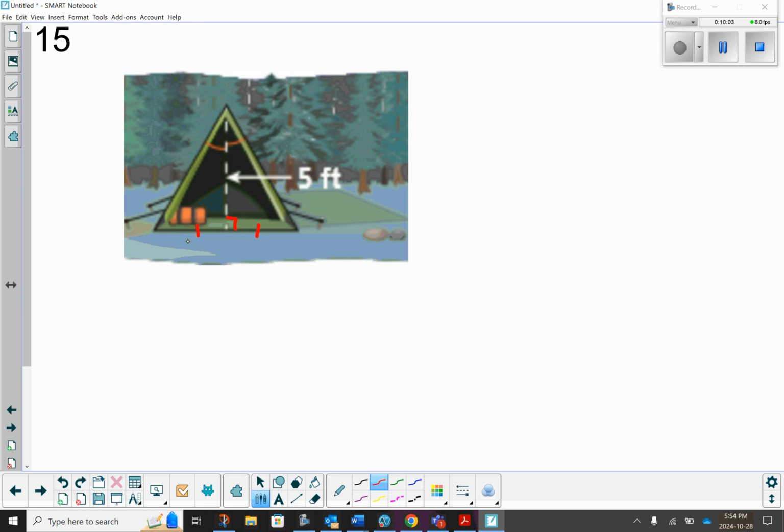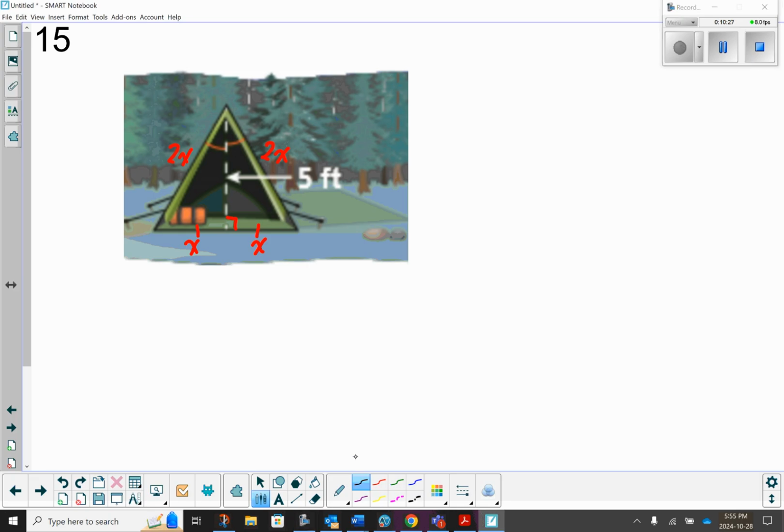So if we say this is x and that's x, then each side of the tent is 2x. It's at this point that they predispose that you know how to use the Pythagorean theorem. Because again, you just look at the left, you just look at the right.